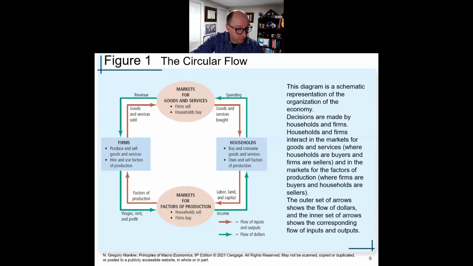Does that make sense to everyone? We get how this works, right? The households work at the firms, produce the goods and services, and they sell them to the households. The households also receive the income from working at the firm. You see? It's cyclical. It goes back and forth. Any question? It makes sense, right?